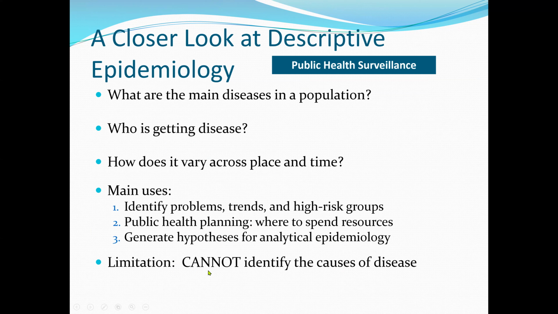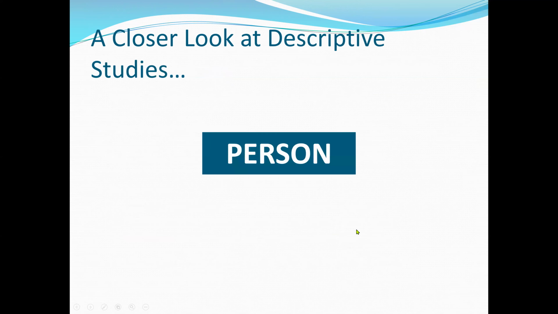The limitation here, again, is that we cannot identify the cause of disease. Why and how will be for scientific or analytic epidemiology. So with descriptive, it is who, where, and when, then analytic or scientific will be how or why.